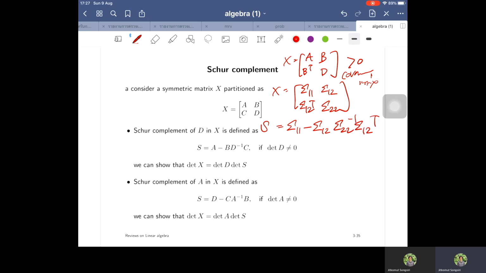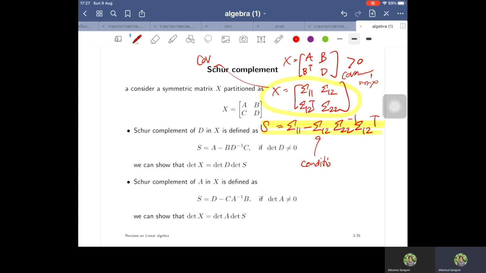This has some meaning in statistics. Let me give the problem setting again.